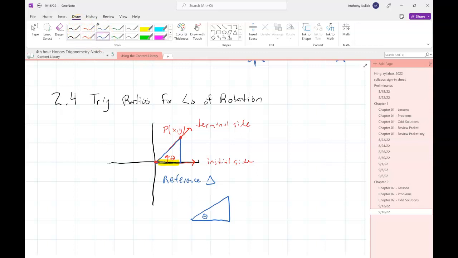X. Very good. Why is it X? Because how did I get to P? I went X over, and then I went Y up. So this side then must be Y.